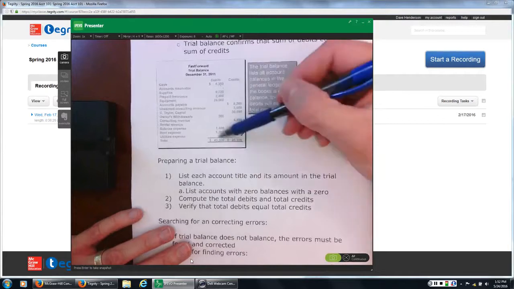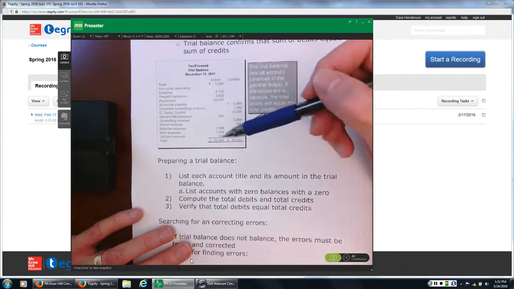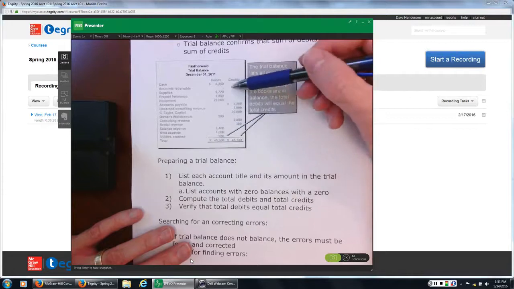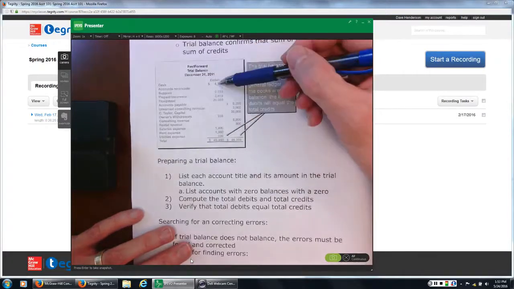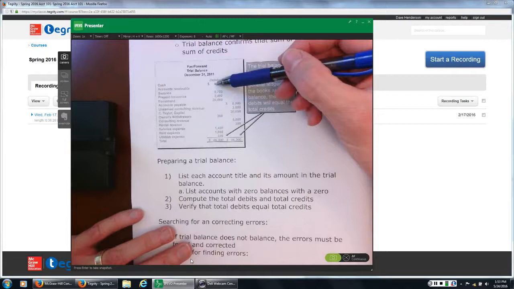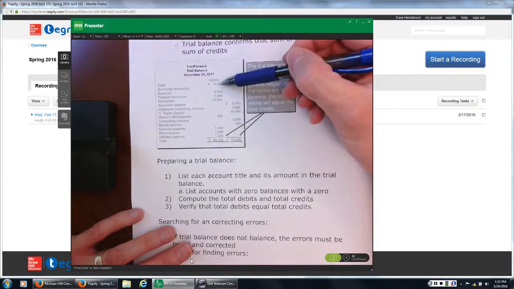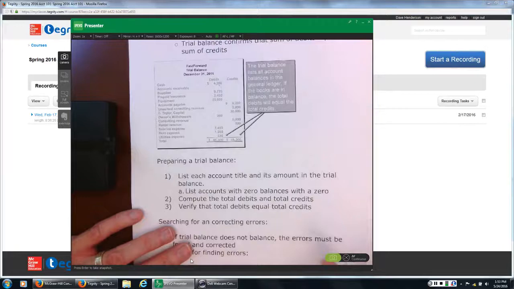So I would search for the high-level errors first and then drill down. After I made sure I added up all right and put it in the right column, then I would say, okay, is this cash right here really what's in the journal ledger, or did I copy it wrong? That's the next thing I'd do. And then after that, I might have to go back and check the actual journal entries, but I would do that last. Okay?